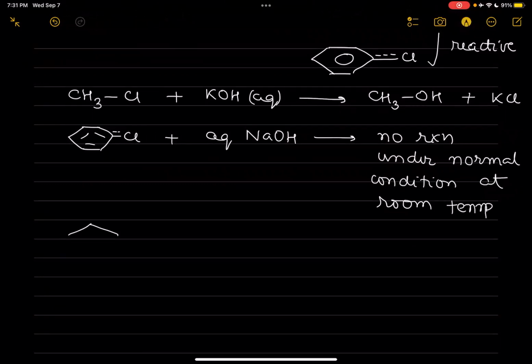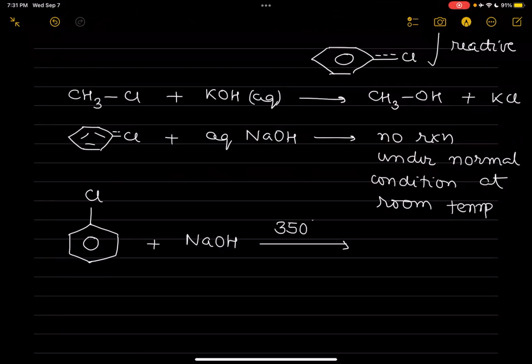So this reaction happens under a very vigorous condition, under high temperature and pressure. You need to take one more step, and you need to write H plus also. So this occurs in a very, very difficult situation.